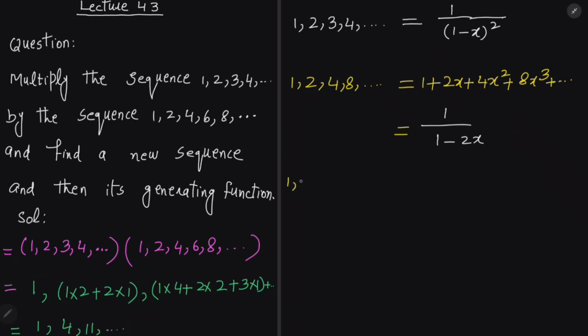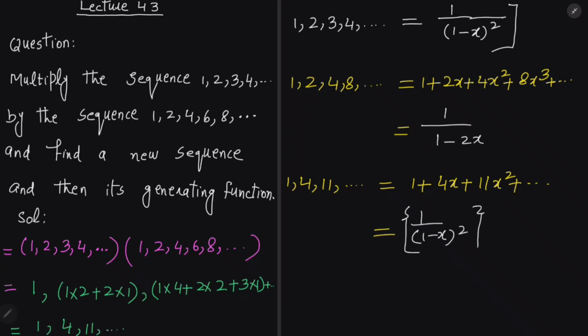So 1, 4, 11 is a sequence that can be written as 1 plus 4x plus 11x squared, and so on. This is the product of two sequences, and for the first sequence, the generating function is 1 over (1 minus x) squared.